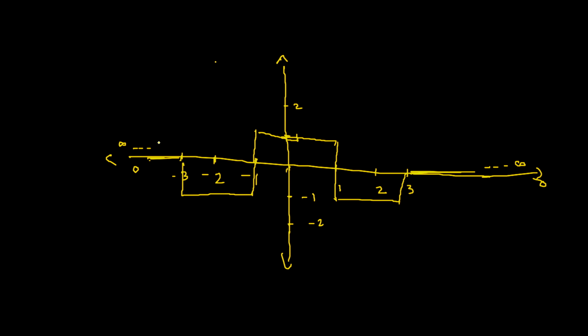So the next thing that we'll be talking about is the different classifications of signals that exist. Signals are classified in three different ways. The first is even or odd.